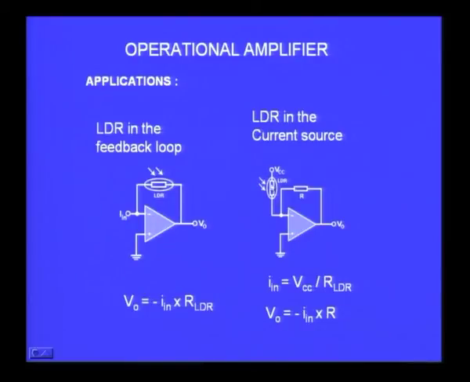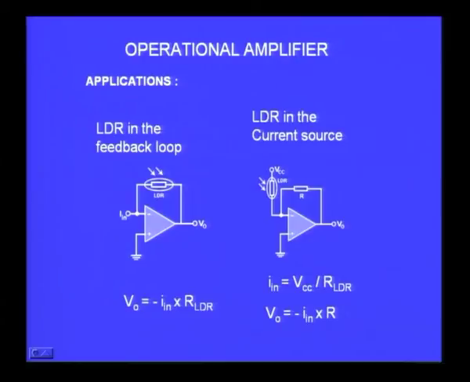So, the current I in is now modulated according to the intensity of light falling on it. If the intensity is very high, the resistance of the LDR will become very small and the current will increase. If you keep the LDR in dark, then resistance is more, therefore current will become less and the output voltage will also become less. So, this is easy to understand.